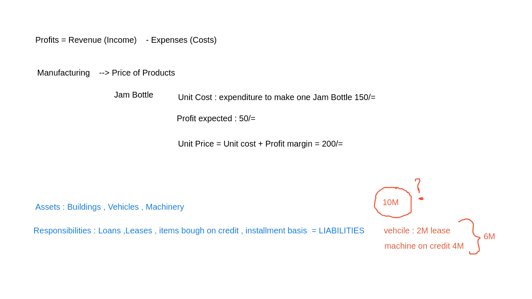So there comes an important variable. We call it the equity. Equity means the assets minus liabilities. So in this example, it is 10 million minus 6 million.